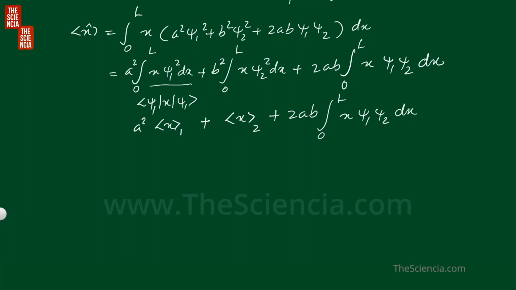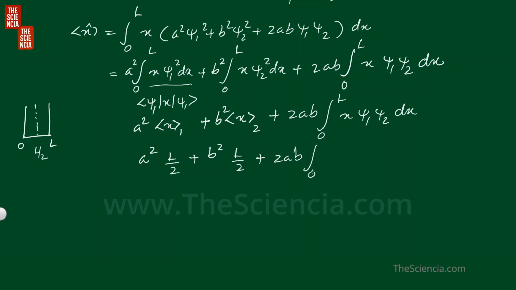Here I missed two terms, that is a square and b square. Just before, I told you the expectation value of x for an unsymmetric box of length 0 to L is the average value of x, that is L by 2. So this is equal to a square into L by 2 plus b square into L by 2 plus 2ab times the integral from 0 to L of x psi 1 psi 2 dx.